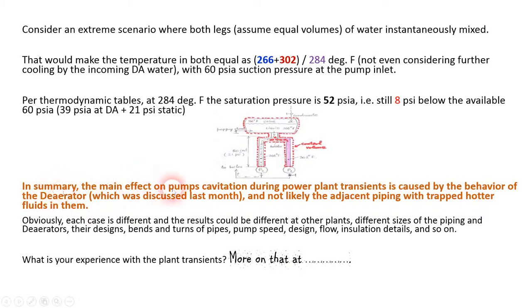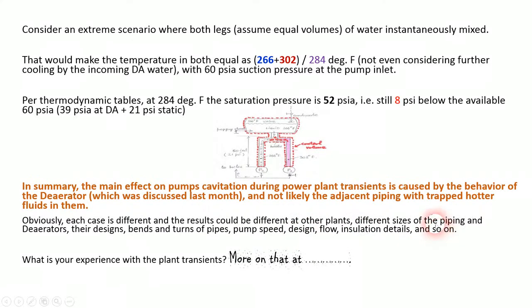So in summary, the main effect of the pump cavitation during the power transients is caused by the behavior in the DA, which we discussed last month, Article 53, and not likely adjacent piping being the problem. Obviously, each case is different, and the results could be different at other plants. Different sizes of piping, different DA designs, different bends and turns, speed of the pump, design of the pump, flow, insulation, and so forth.